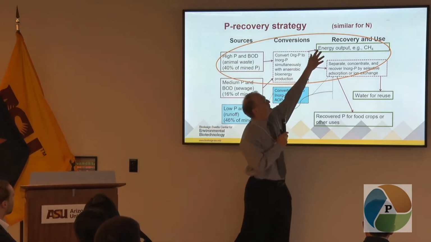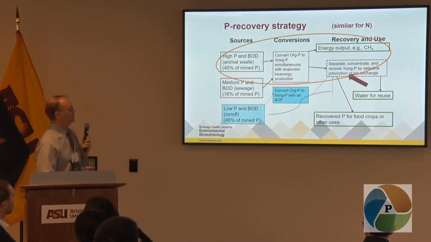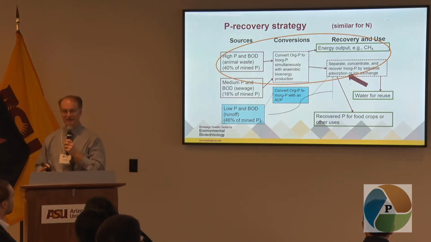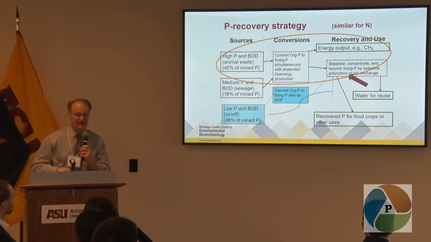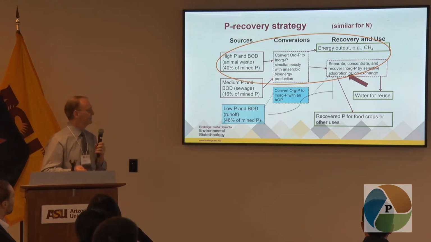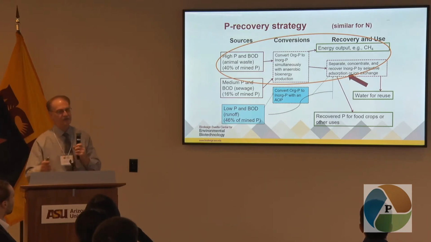We want to produce energy. That's our number one goal. But when we do that, at the same time, we're also releasing the phosphorus, which can be separated. Now, there are a lot of technologies available for capturing the phosphorus in a useful form. I know there are some people in this room who are purveyors of this. So there are lots of ways to go, and I'm not going to spend a lot of time on that.